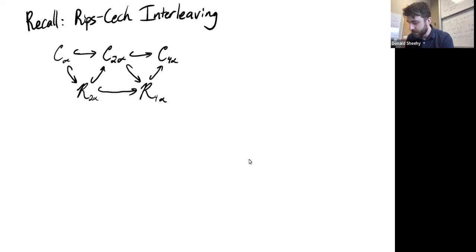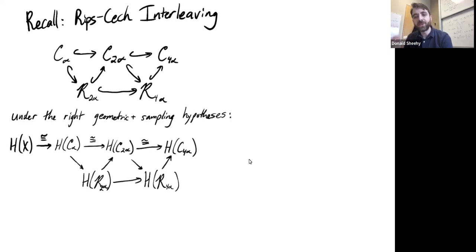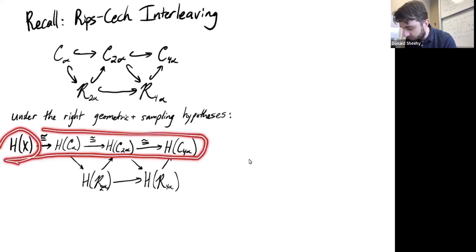And of course, for a computer science PhD student at the time, that was a big hurdle for me. And so in that paper, you get essentially diagrams like this, where if you put the right geometric hypotheses on the underlying space and on the sample, like you have a nice, really dense sample, you get something like this, right? You get something like the underlying space is isomorphic to the Čech complexes at all these scales.